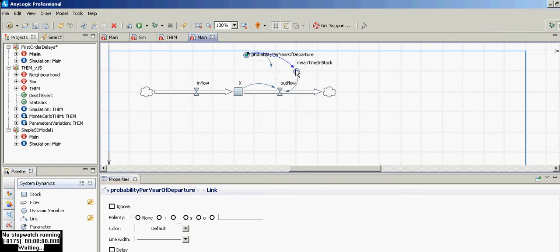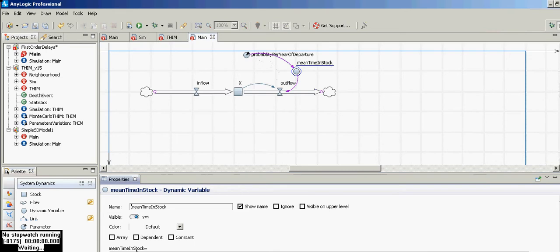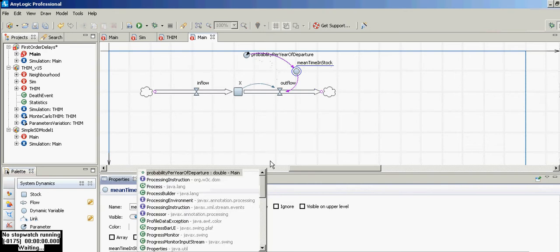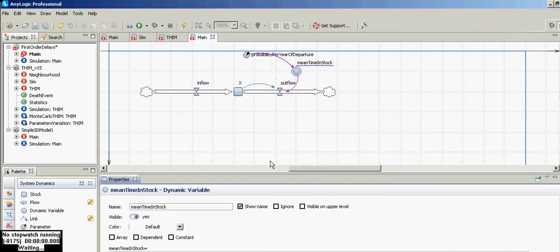So let's be very clear about this because they are mathematically identical. And if you don't see that, let's spend a little bit of time with it. We'll call this probability per year of departure alpha.